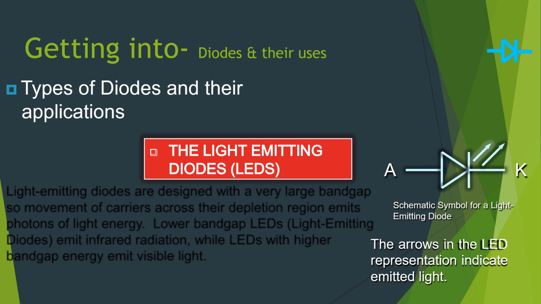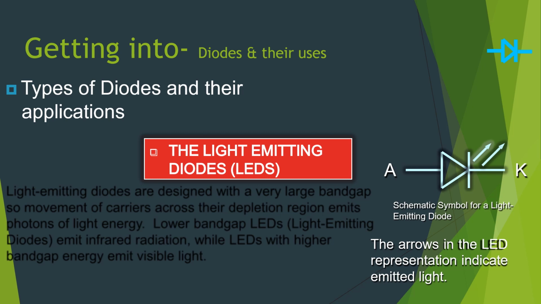Lower bandgap LEDs emit infrared radiation, while LEDs with higher bandgap energy emit visible light. There is also a schematic symbol for a light emitting diode. In this symbol, the arrows indicate the emitted light from the PN junction of the diode.